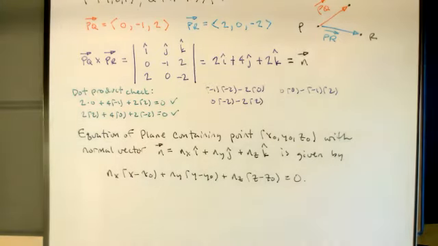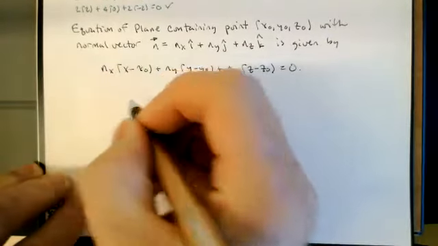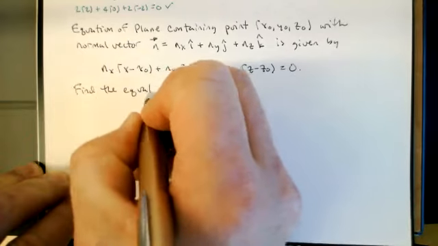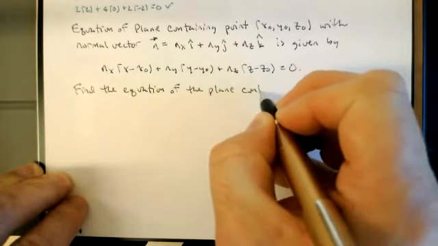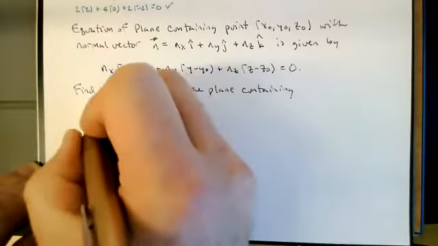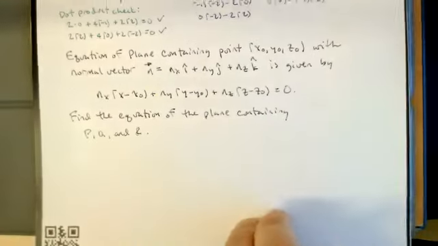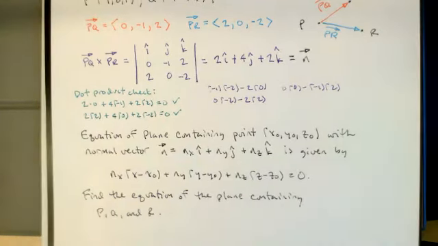So for example, if we want to find the equation of the plane containing P, Q, and R, since we already have the normal vector, 2i plus 4j plus 2k, we can just put things together into the equation.